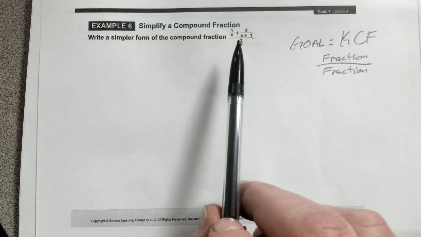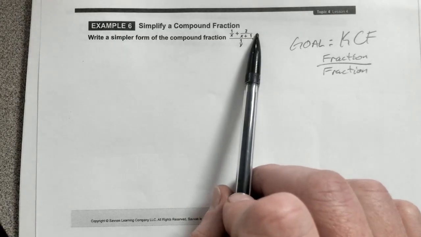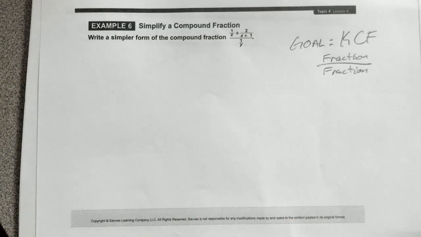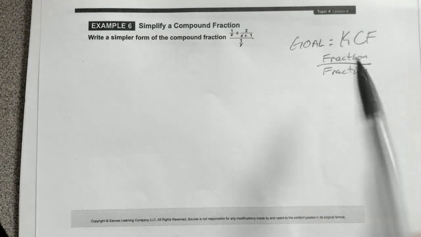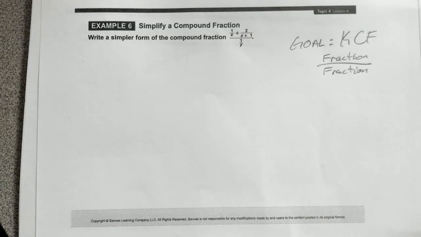Currently, I don't have that. I have a fraction plus a fraction over a fraction. So, what can we do in order to get ourselves into a fraction divided by a fraction? What do we need to do? Something with a negative? No.